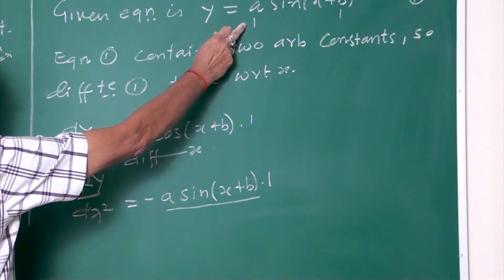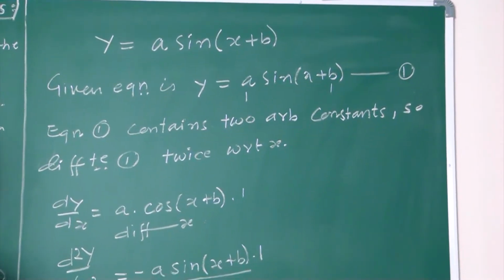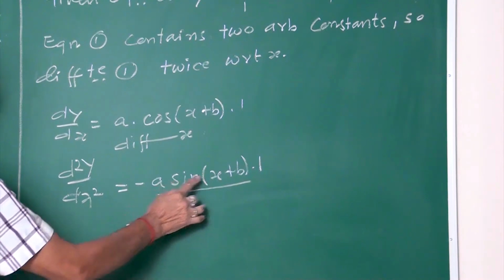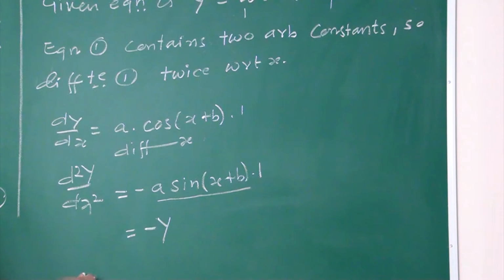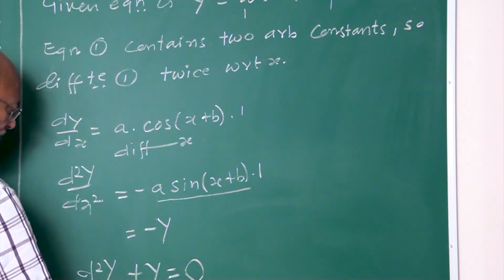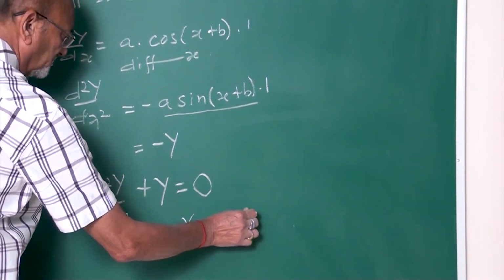This is a sin(x plus b), which is y. Substitute: this is minus y. Automatically the arbitrary constants are eliminated. Bringing this to the other side, d2y by dx2 plus y equal to 0, which is the required differential equation.